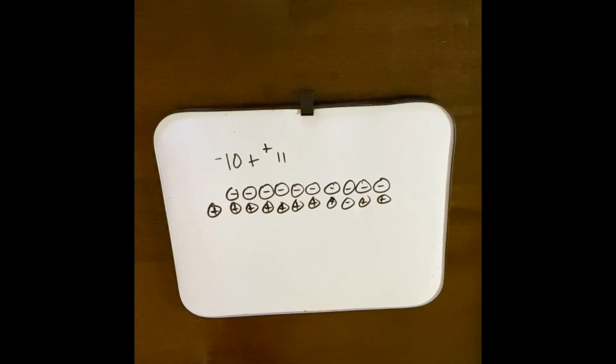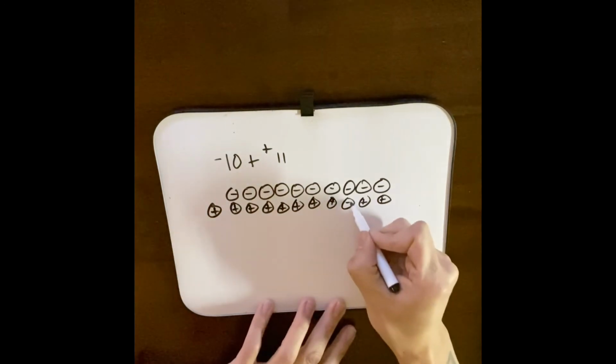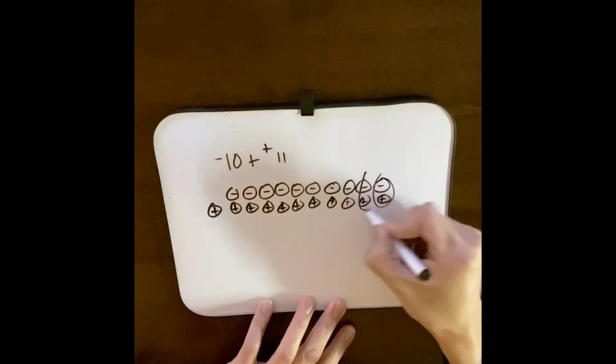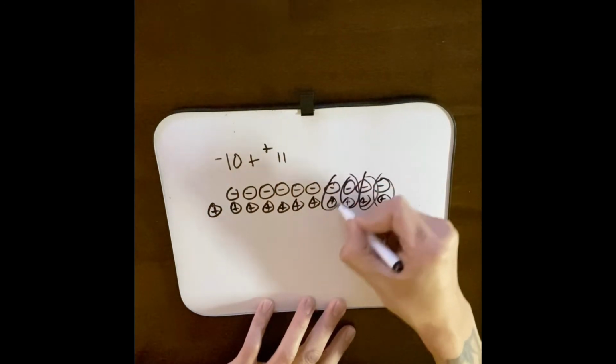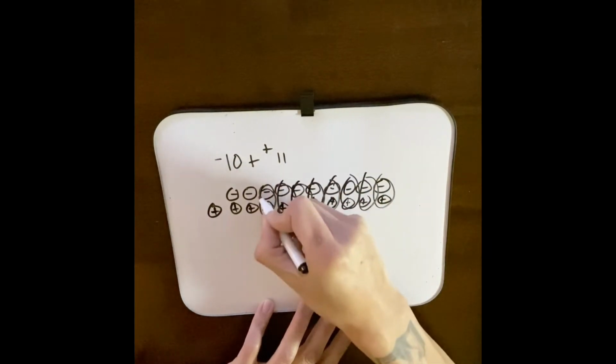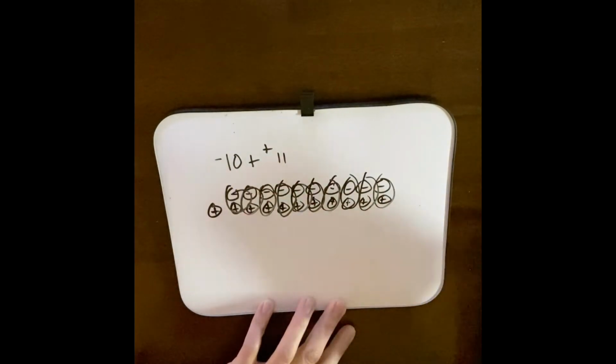Now, we have -10 and we're adding +11. Well, we drew them all out. Let's see if we have any zero pairs. That's supposed to be positive, sorry. We have 1, 2, 3, 4, 5, 6, 7, 8, 9, 10. 10 zero pairs.